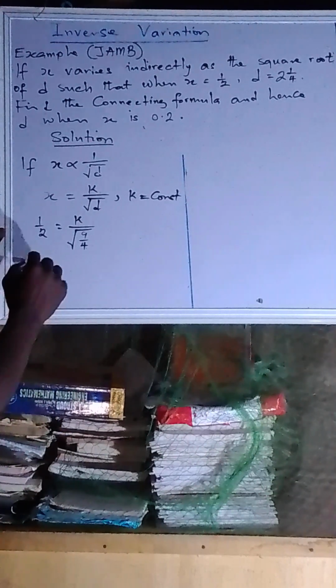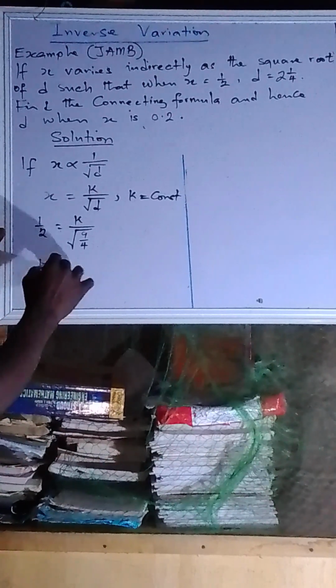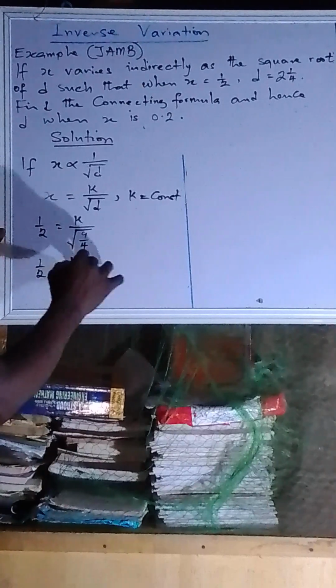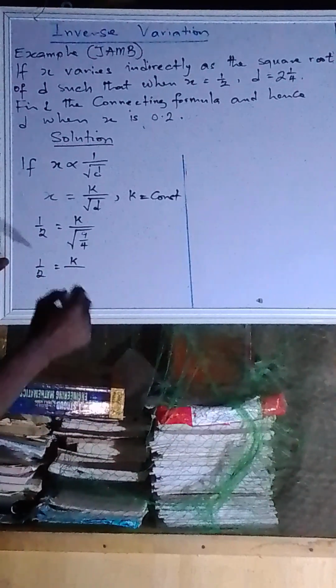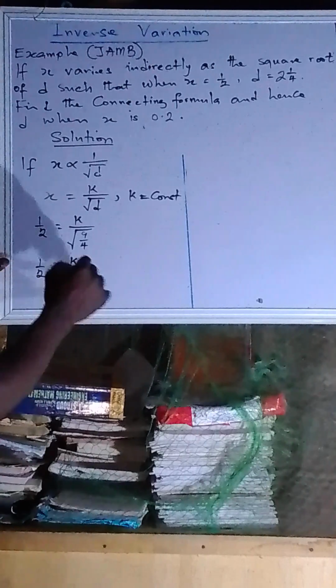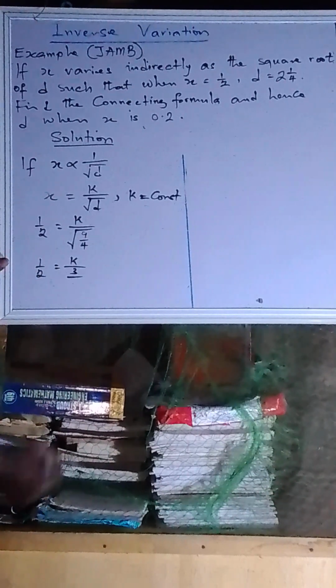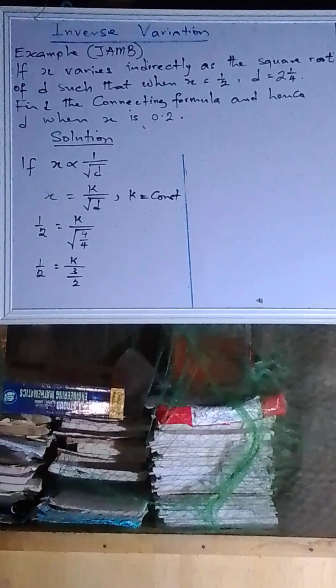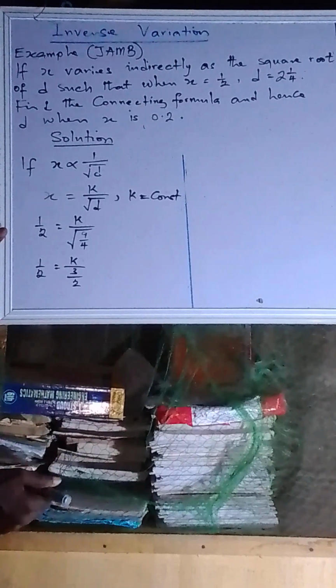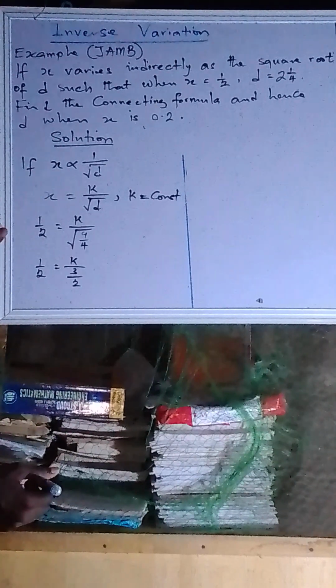So we have 1 over 2 equals k over the square root of 9 over 4. The square root of 9 is 3, and the square root of 4 is 2. Now when you look at this, you can do cross multiplication.